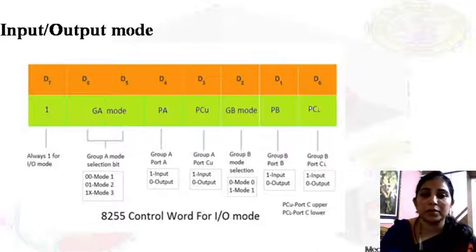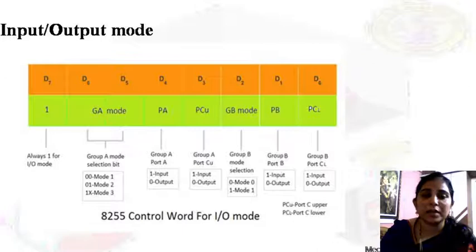Group B mode we have already discussed. Port C upper also carries a bit information, which may be 0 or 1. If the D3 bit is 0, it works as the output port. If the content in this D3 bit is 1, it works as an input port.